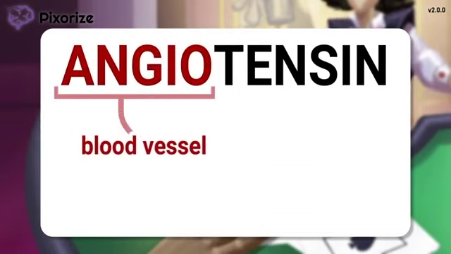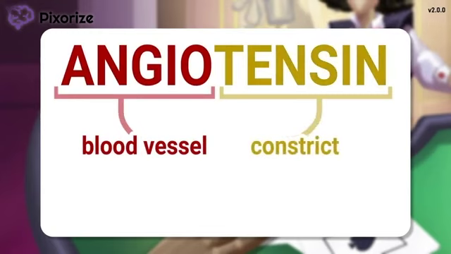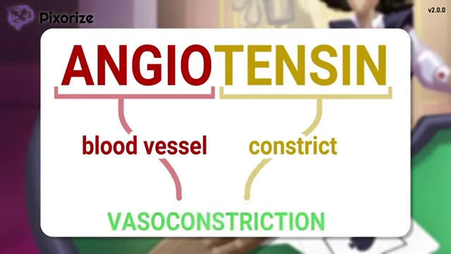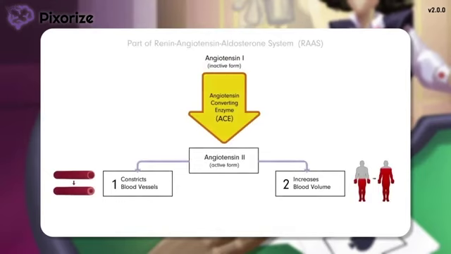Angio means blood vessel, and tensin means to tense or constrict. Put this together, and it's pretty easy to see how angiotensin 2 works to constrict blood vessels, also known as vasoconstriction. Anyways, the end result of constricting blood vessels and increasing blood volume is an increase in blood pressure.